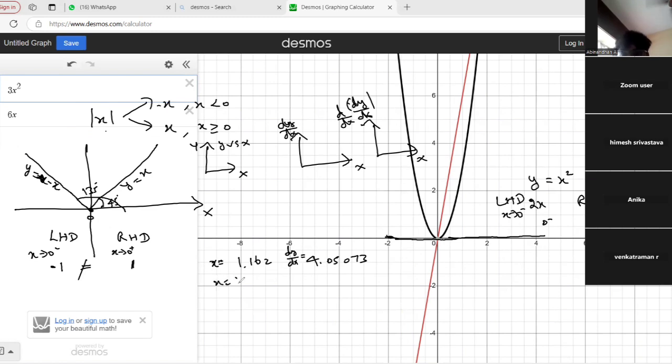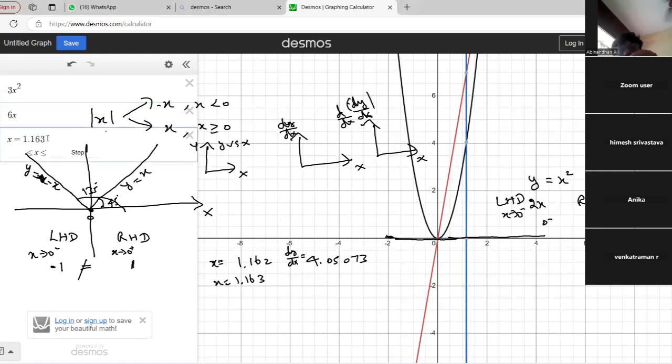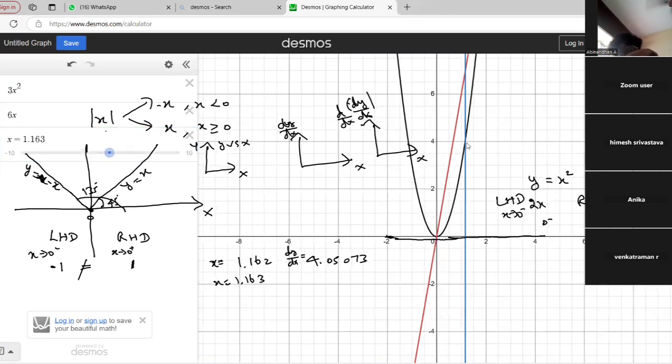Now let's take a very close value, 1.163 as well. At 1.163, you see the value, it is 4.05771.